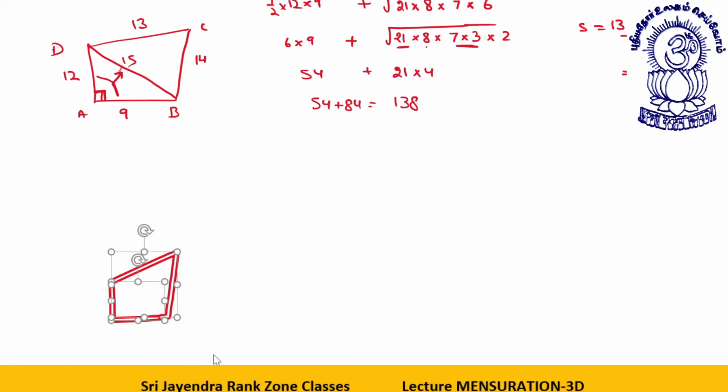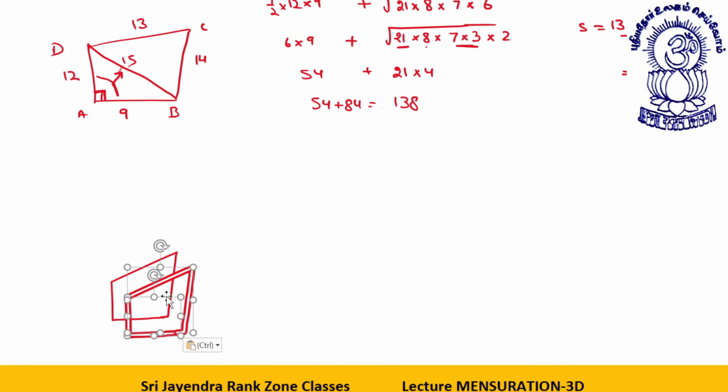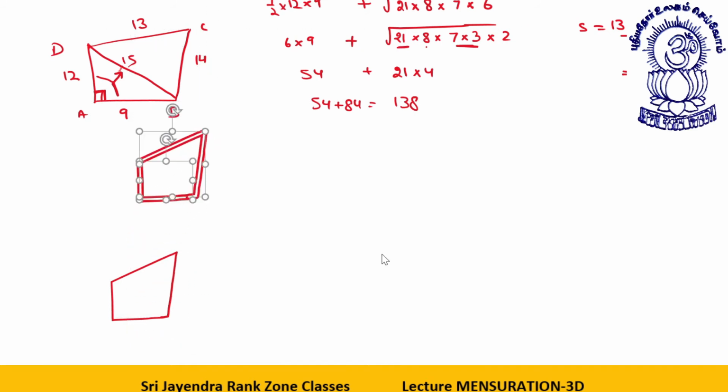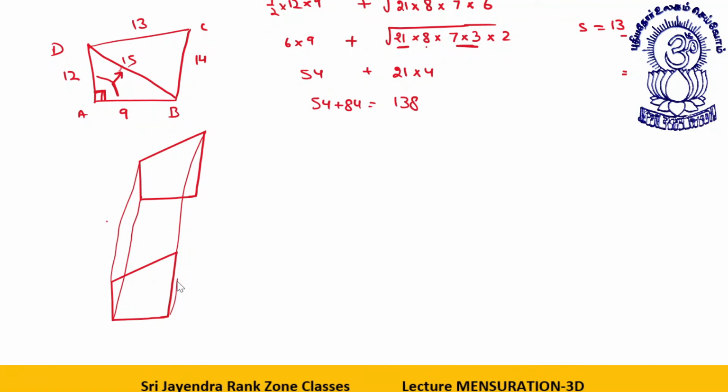I copy this figure, Control C, Control V. I place it over here. Find how to lend the height to it. I will join the edges. And how will I join the edges? See, like this. I join this edge with this edge, this edge with this edge, this edge with this edge, and this edge with this edge. Now this becomes a 3D figure. It has some height. This portion is the height h.